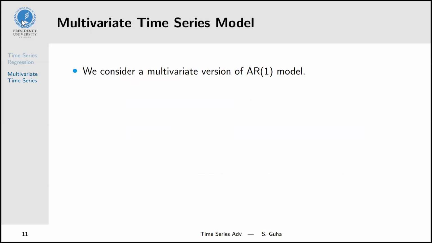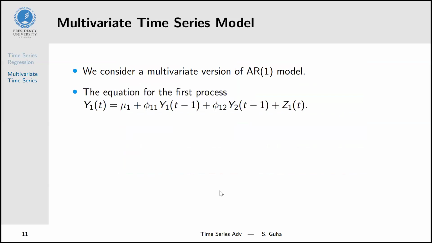So for that, we first have to specify a statistical model. We consider a multivariate version of the autoregressive model. So we have talked about the AR model or autoregressive model. For multivariate time series data, we'll consider a multivariate version of the AR model. So how would the model look?